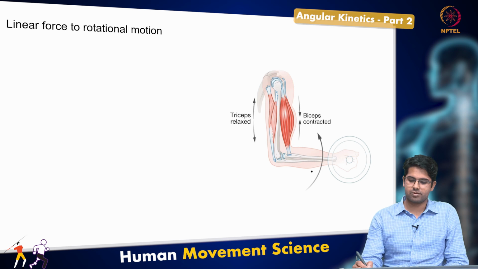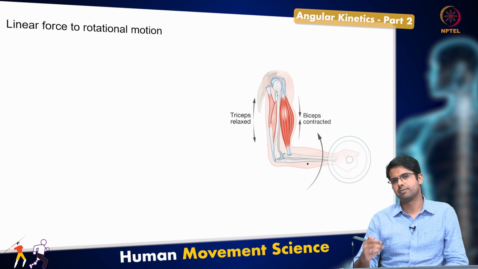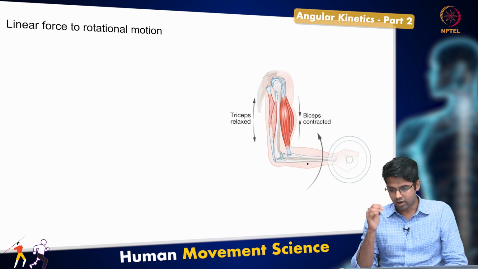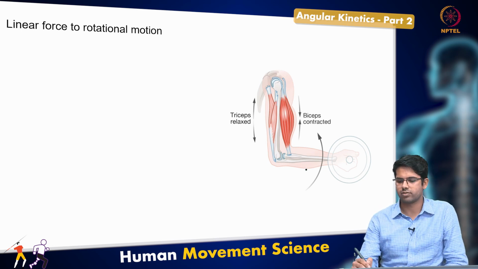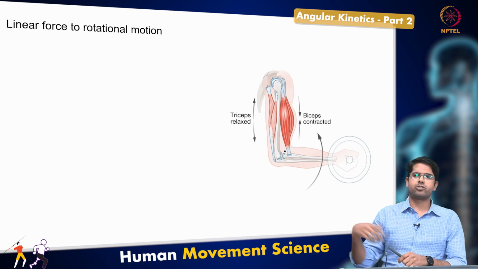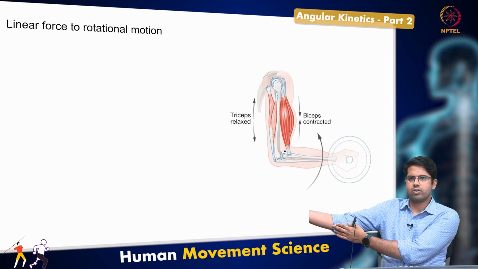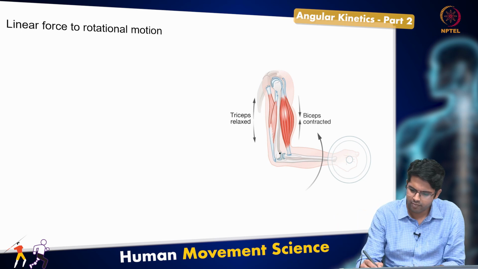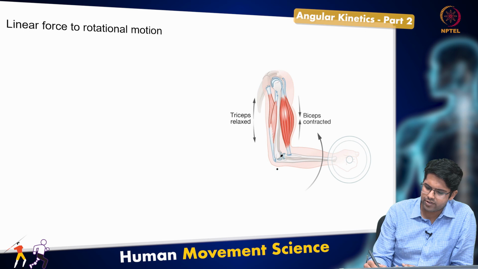So we have looked at it in a very simple, non-analytical way so far, where a linear force is causing a rotary motion of this particular segment. Now let's see if we can analyze this, right? Okay, so when this person is trying to do this bicep curl, they're doing a rotation about a certain point, which is the axis of rotation, right? Let's say this is the axis of rotation.